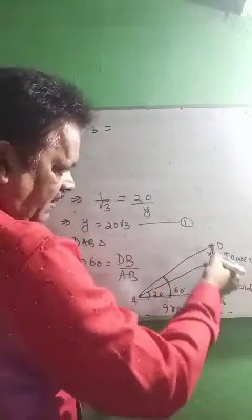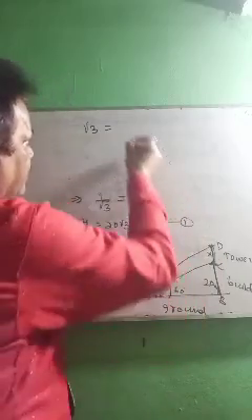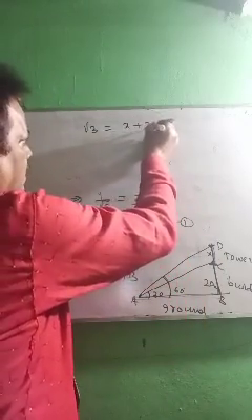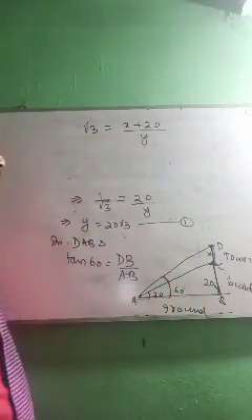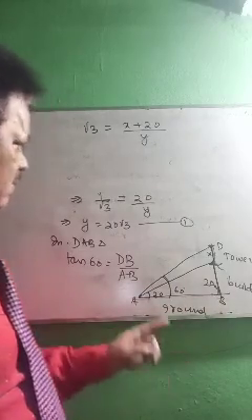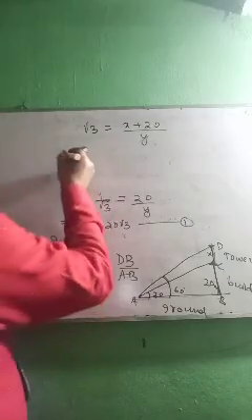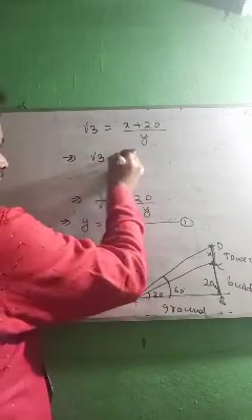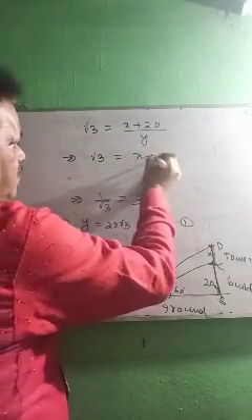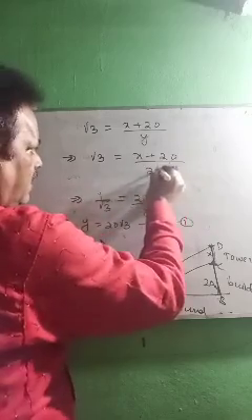DB means X plus 20 divided by Y. This is Y. Okay, what is the value of Y? 20√3, put here 20√3. Implies √3 equals to X plus 20 by 20√3.